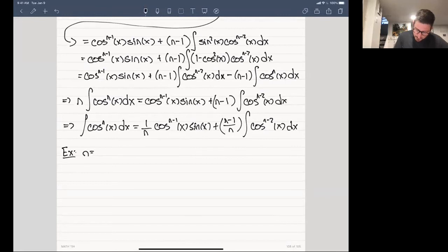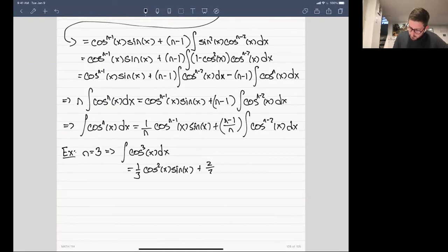So, for example, let's take n equal to 3. Well, then this gives me that the integral of cos cubed x dx, again, a difficult integral for me to actually find. Well, for my formula, this is 1/3. Maybe I'll start it on the next line just so I can fit it all in. This is 1/3 cos squared x, so I'm just substituting n is equal to 3 everywhere.